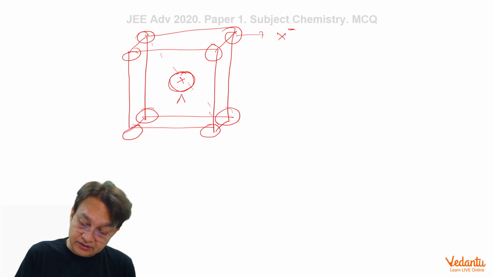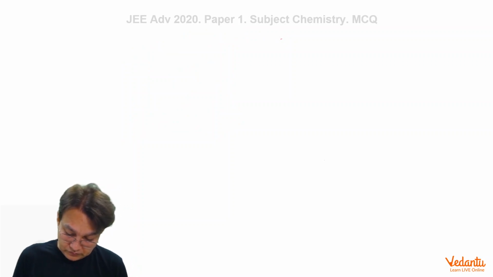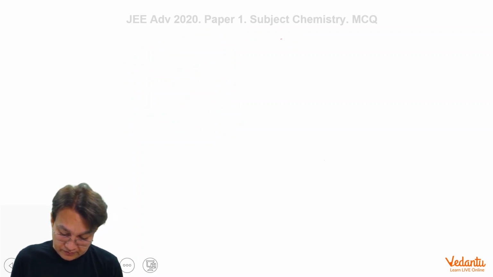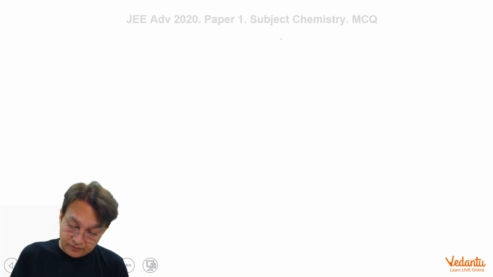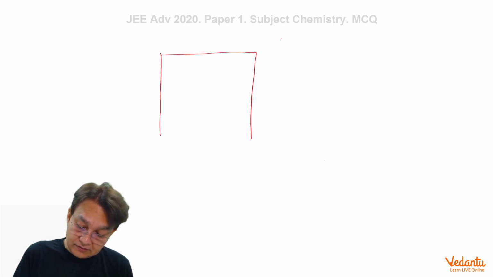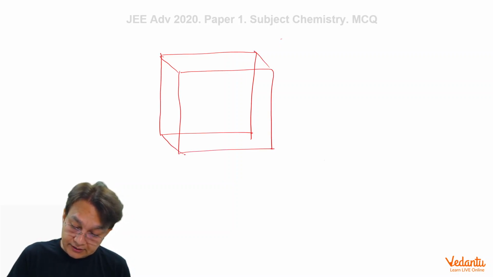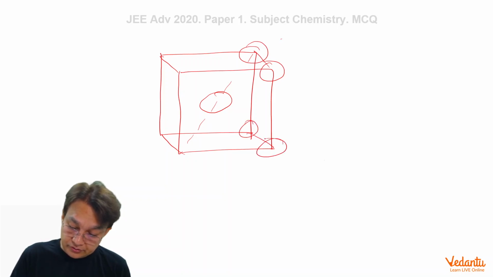I will draw it once again. So this is the cubic unit cell, and there is a cation at the center and the anions are at the corners. Now let us solve this problem.